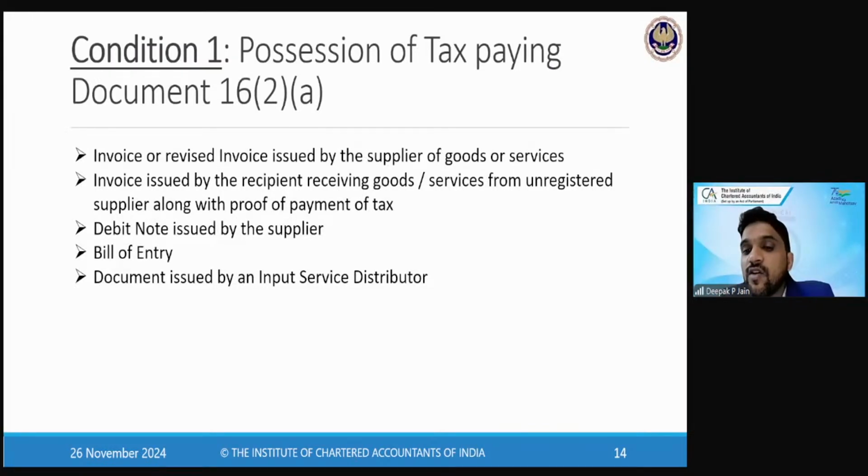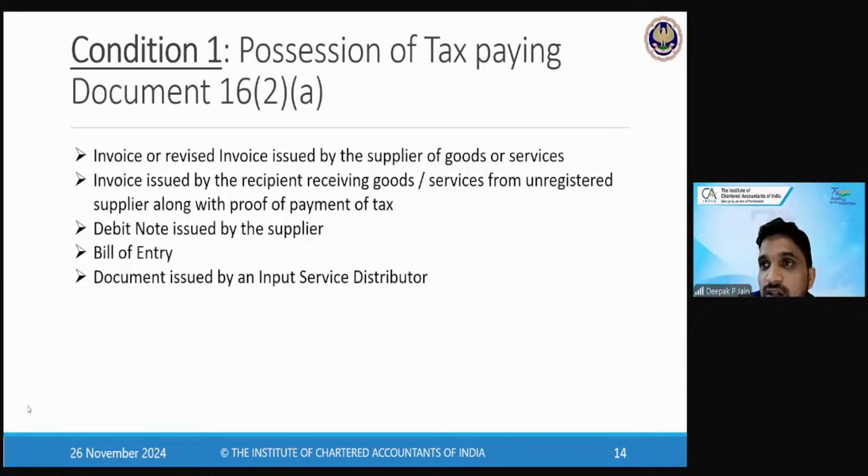So that one invoice he is giving, you will take a separate registration. What registration will you take? You'll take it as an input service distributor. What will you do as an input service distributor? You tell the vendors who are charging you for common services to give the invoices to this ISD registration. So they will give you the invoice at this ISD registered place.